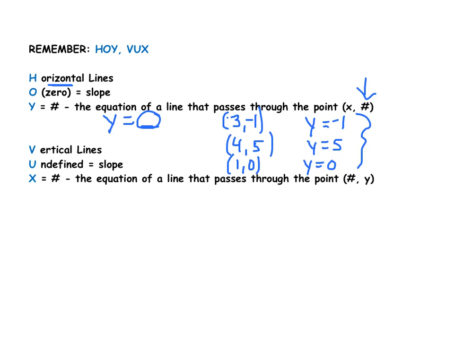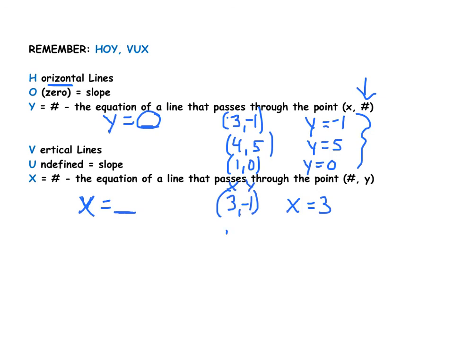The same with vertical lines. A vertical line means x equals something. So if I say the same points up here, 3, negative 1, give me the equation of a vertical line that passes through that point, you would say x equals 3, because this is the x value, that's the y value.